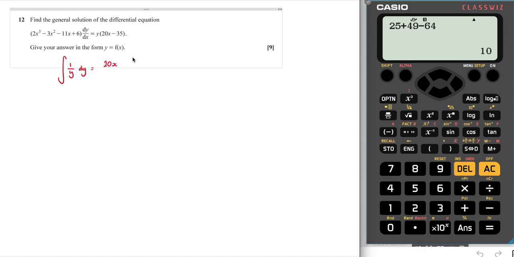the integral of (20x minus 35) over (2x cubed minus 3x squared minus 11x plus 6) dx. Now, left-hand side is dead easy. We can deal with that.